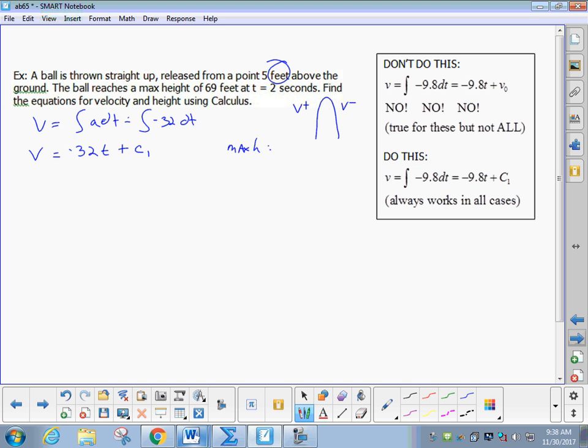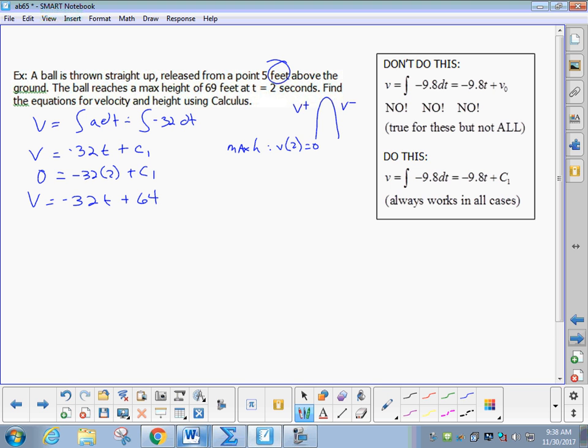So if the max height, that implies velocity at 2 is 0. Do you agree? So from that I get 0 equals negative 32 times 2 plus C1. So C1 must be 64. So my velocity equation is negative 32t plus 64.